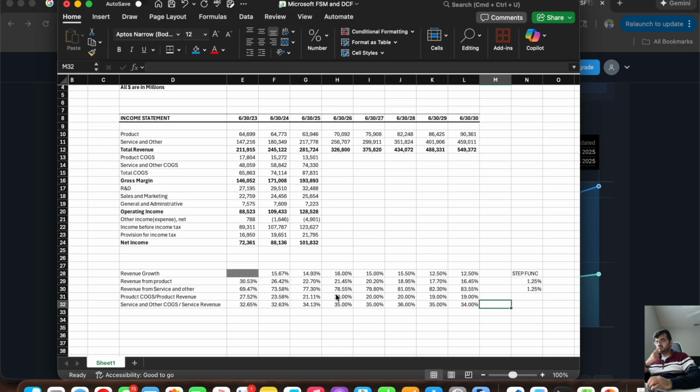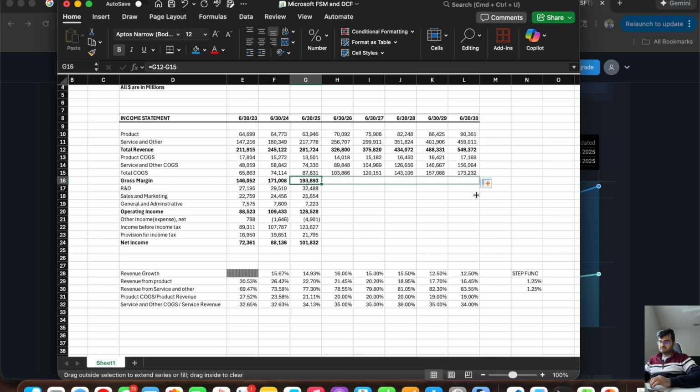If you are close to the business and have better insights, you can put in your numbers, but I'm going to stick with this assumption. Now I'm going to calculate the COGS in this case and then this case. So with this, we have got the gross margin.